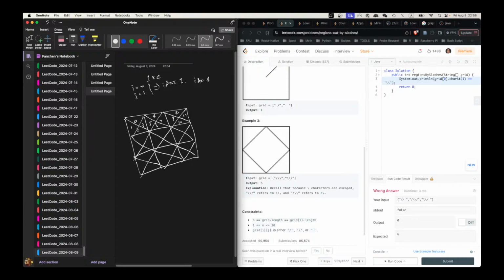Index is equal to i times n plus j. So this one, 0, 1, 2, 3. 3 times 4 will be 12, and then 13, 14, and 15, right? So depending on what we have, then we can just group them. Okay, let's try this.